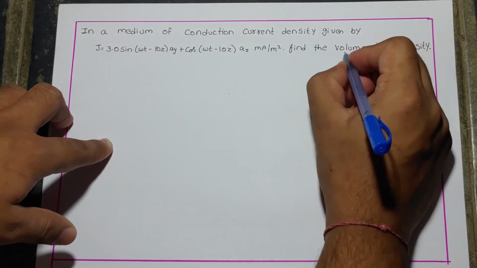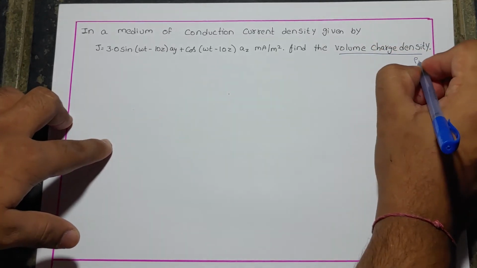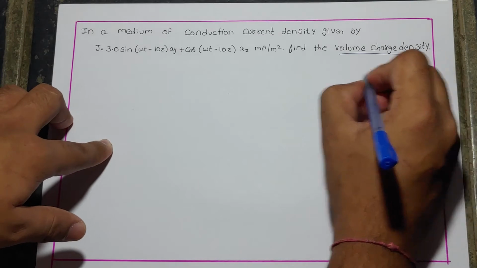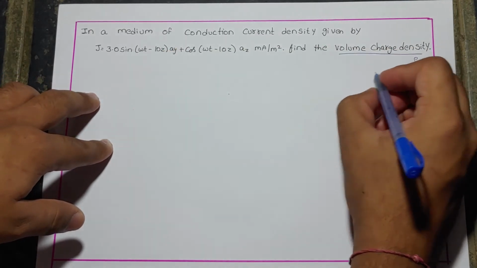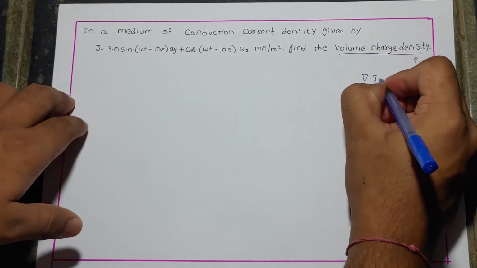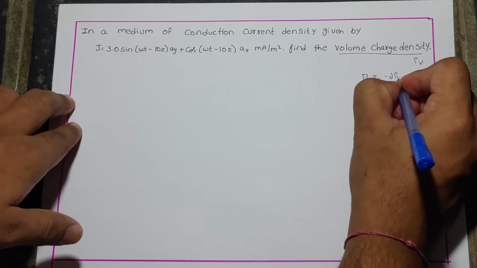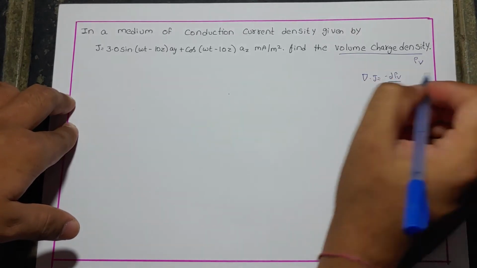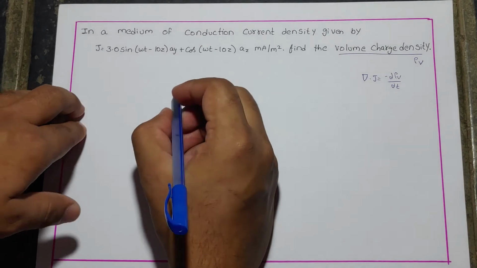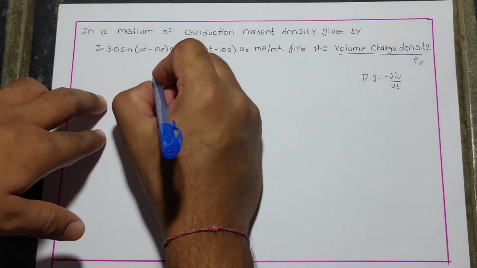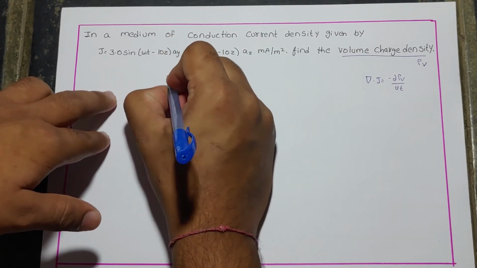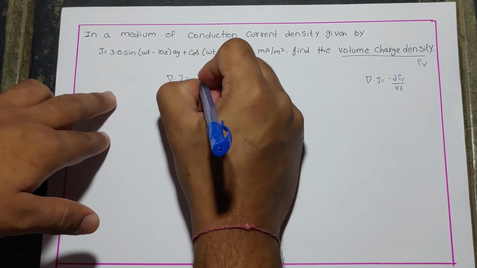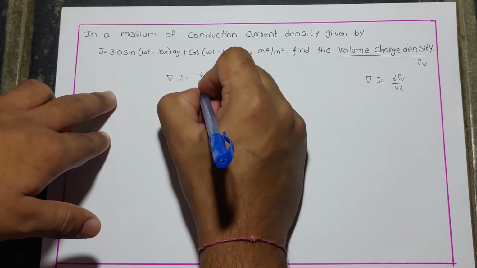Find the volume charge density, which is rho v. We know that the relation between J and rho v is del dot J is equal to minus dou rho v by dou t. From this we are going to find the volume charge density. Let us write del dot J is equal to minus dou rho v by dou t.